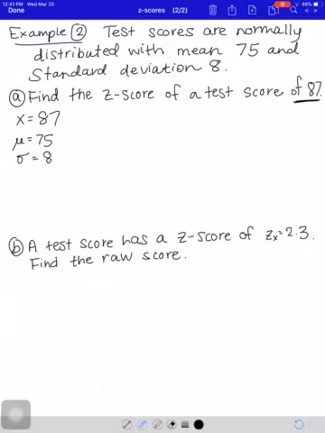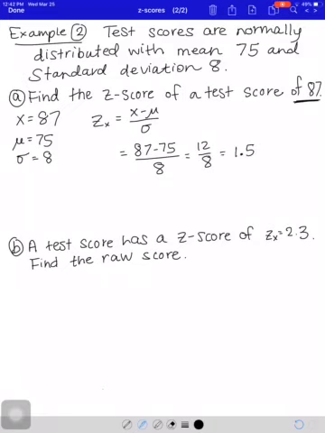Using our formula, the z-score of x is x minus the mean divided by the standard deviation. What we're going to get is 87 minus 75, divided by 8, which is 12 divided by 8.